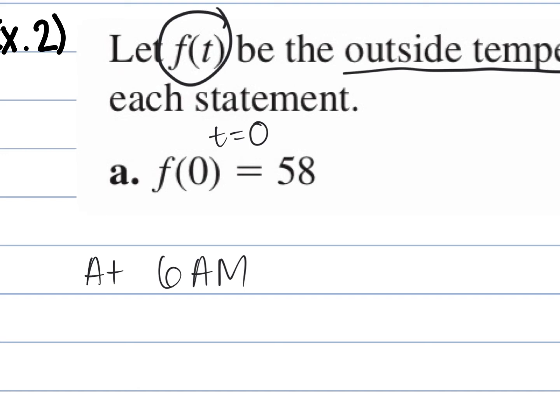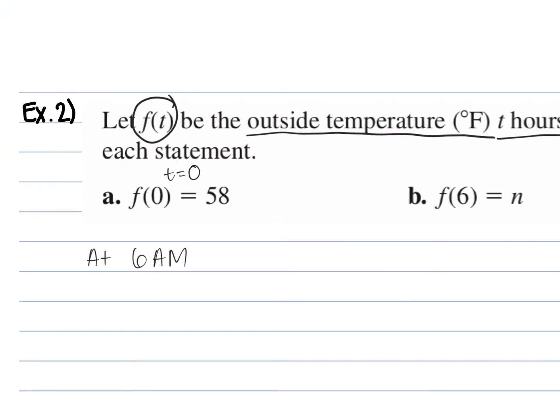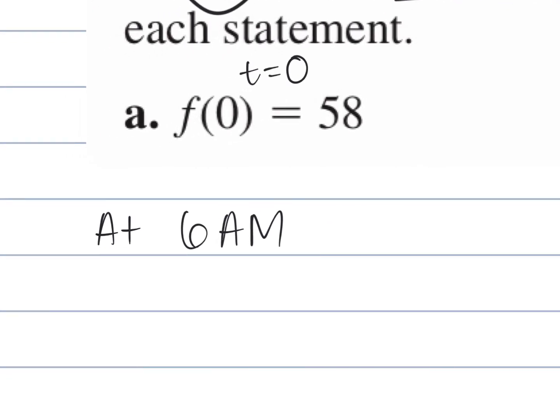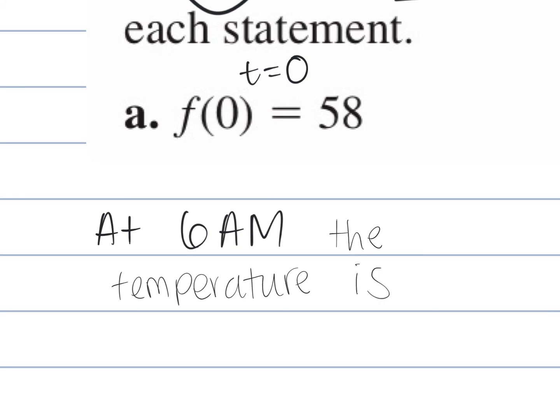And our function represented what? Let f be the temperature. So at 6 a.m., what do I know about the temperature? It's 58 degrees. At 6 a.m., the temperature is 58 degrees Fahrenheit.